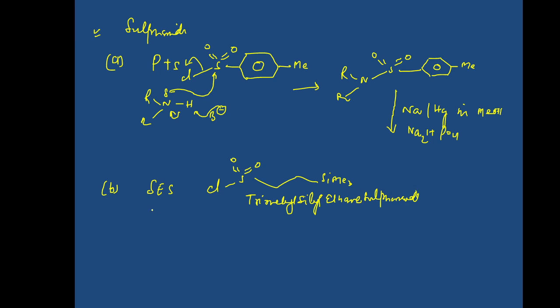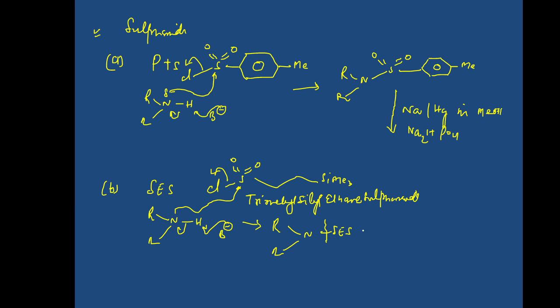So now how is it used to protect and deprotect? Again the same thing will happen. The base will come and abstract a proton. Then this nitrogen will attack this sulfonyl group, chlorine will leave, and we will get this SES group on R. Then we need to deprotect it. How is the deprotection brought about?